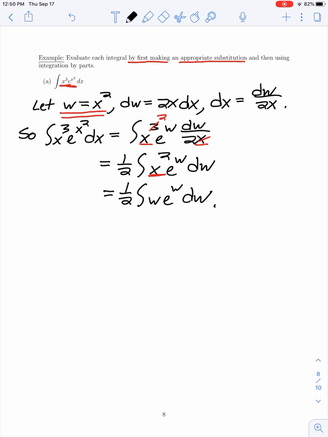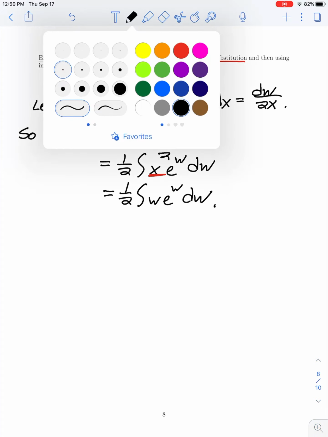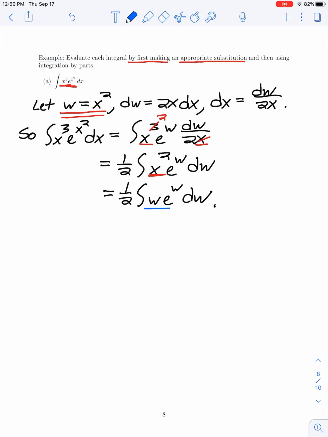Now once I have this integral in terms of w, I see that it involves a product of two functions which cannot be simplified. And it no longer involves a composite function at all. So our only method to proceed here would be integration by parts. For this method, we're going to choose part of this integral as u, and the remainder will be dv.